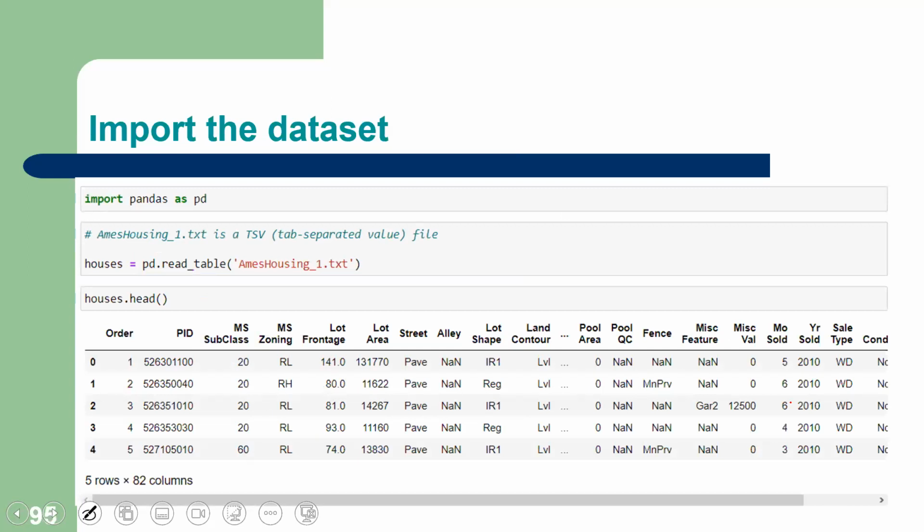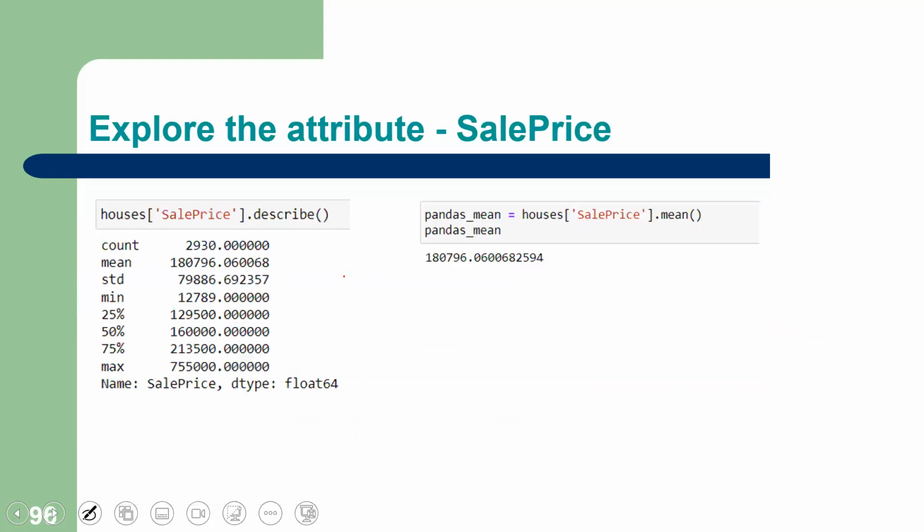Now let's begin with the next activity. We imported one of the housing data sets. The house data has a variable called sale price, and that is numeric.